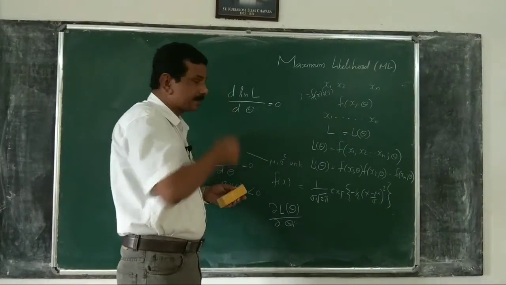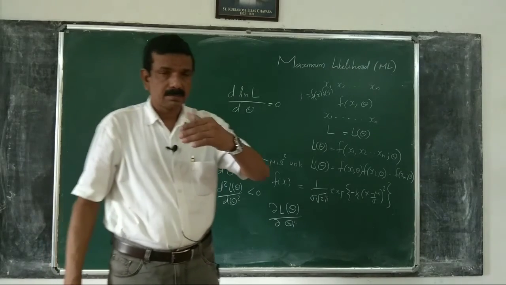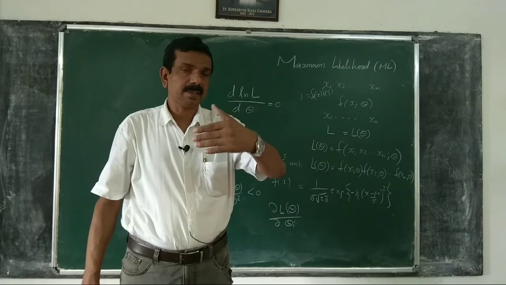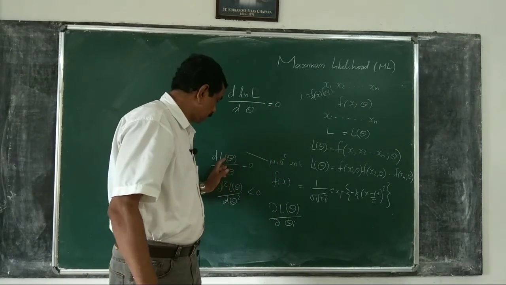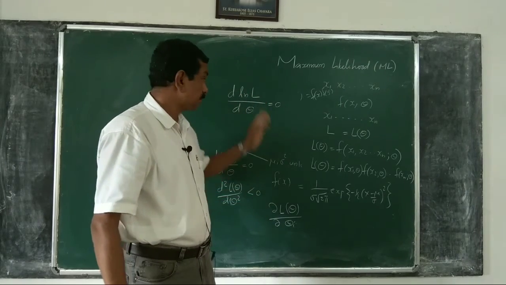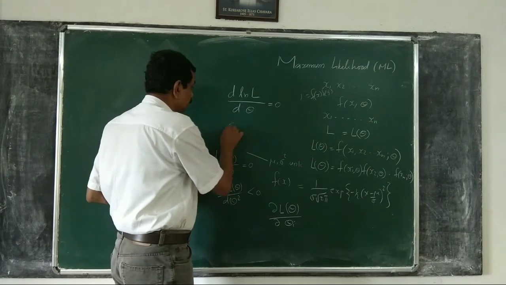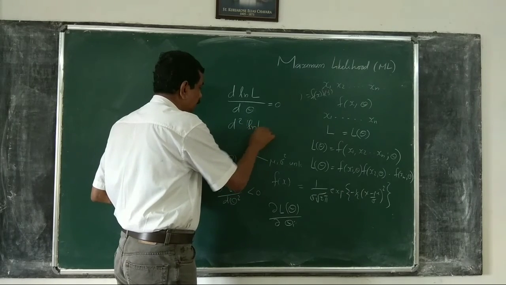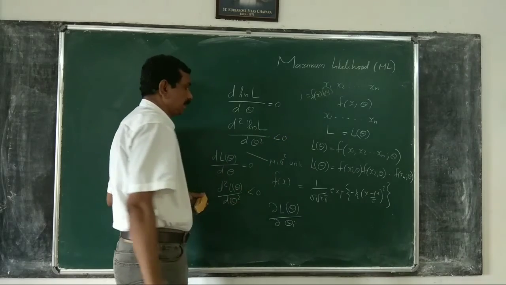As a function and the ln of the function attain extreme value at the same point, maximizing L theta is same as maximizing ln L. So the first order condition is d ln L by d theta is equal to 0, and d square ln L by d theta square less than 0 is the second order condition.